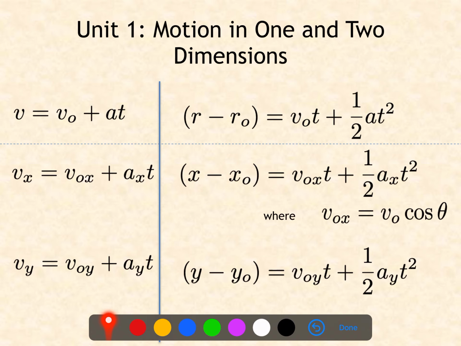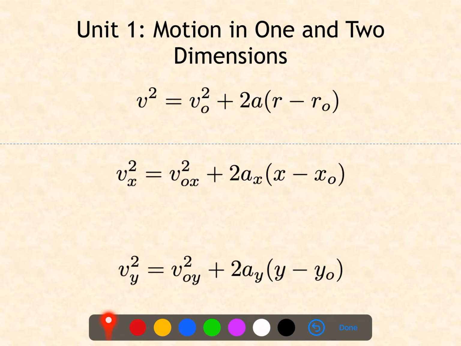They simplify, right? And we get back some of the equations that we may have seen before. But before we get into that case where we don't have acceleration, or maybe we only have acceleration in one direction, I want us to consider using these equations of motion for a couple of example problems.